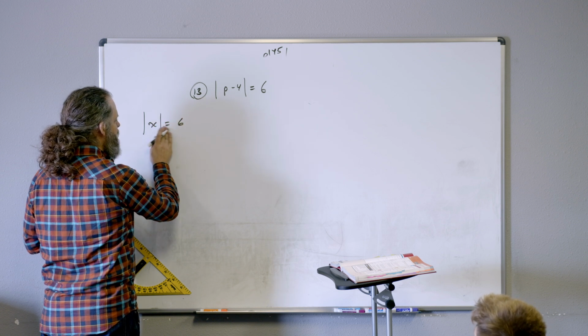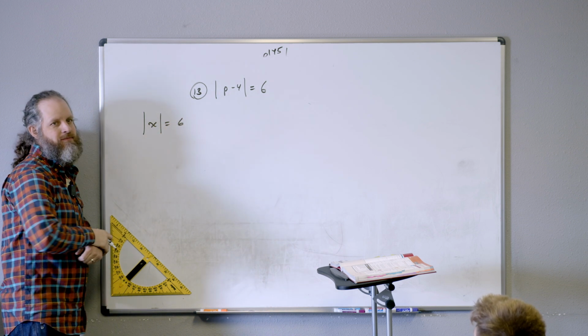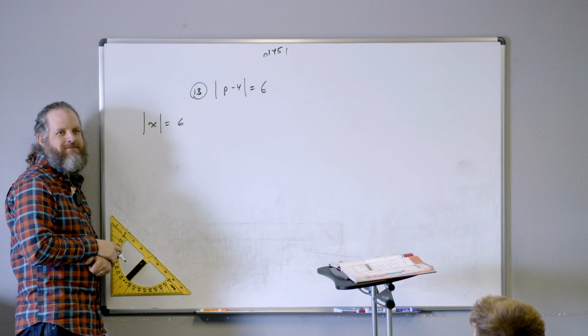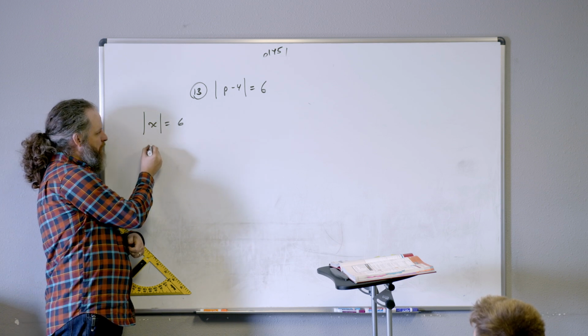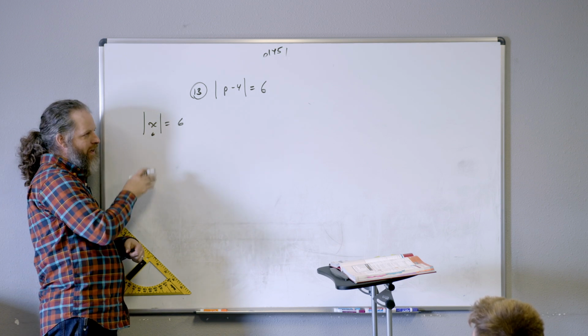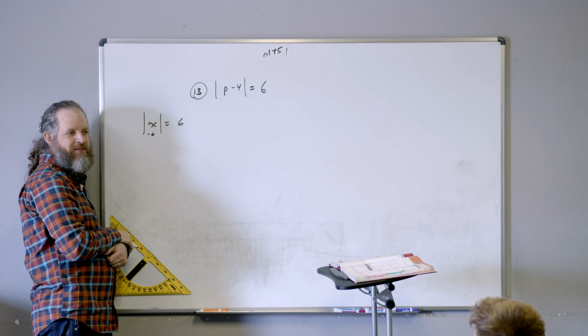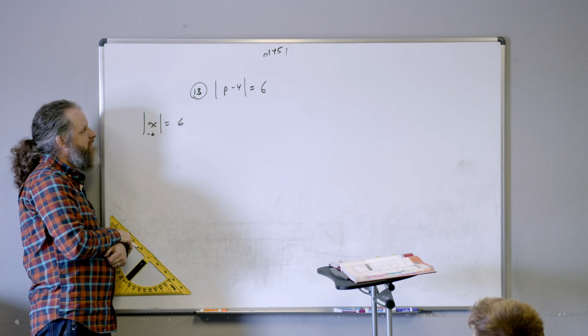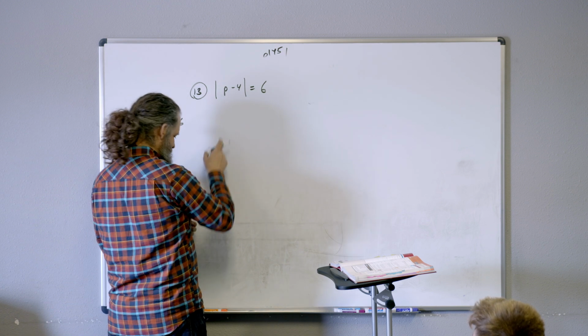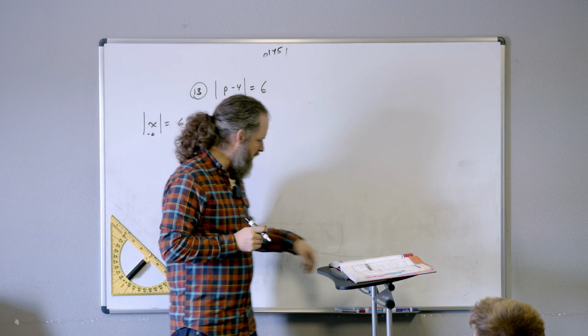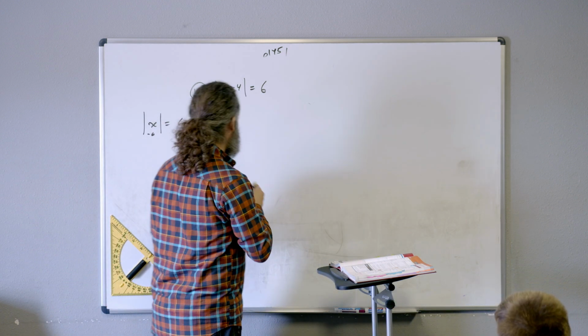How many answers are there to this problem? 1? That's not true. 2. Because if I put a 6 right here, then it gives me a 6. But if I put a negative 6, it also gives me a 6. So I have to split this into a positive version and a negative version.